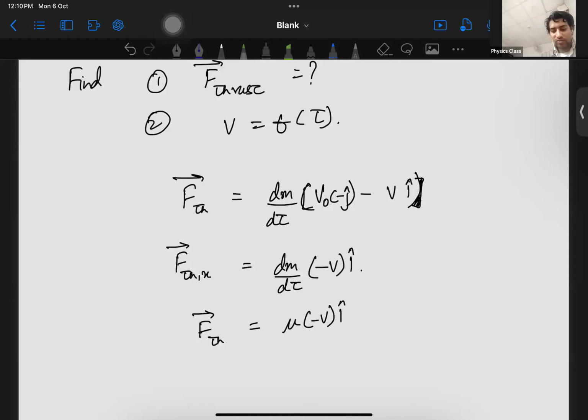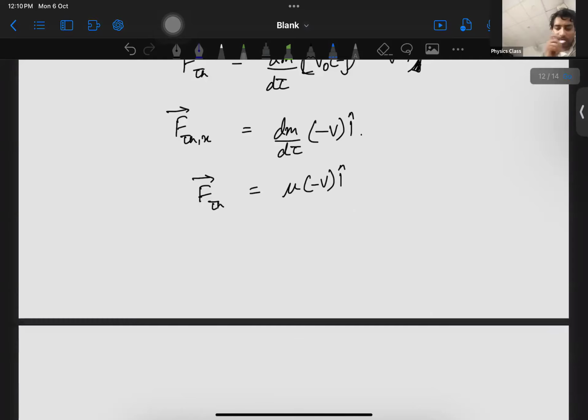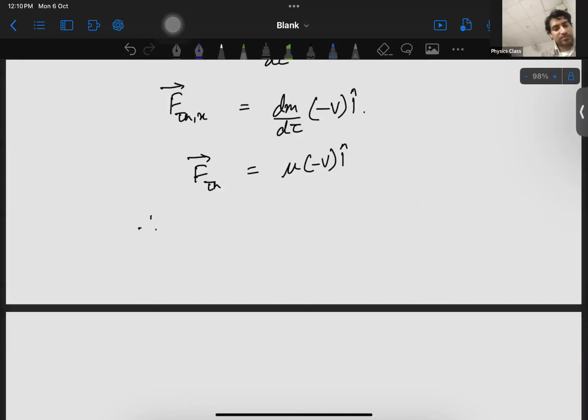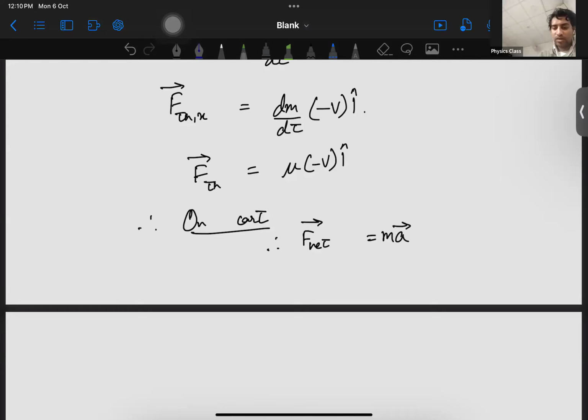So if this is the thrust force, we want to find the velocity, right? Therefore, let's write it as ma itself. So on the cart, net force is equal to ma. So mu into minus v i cap is equal to m into a.